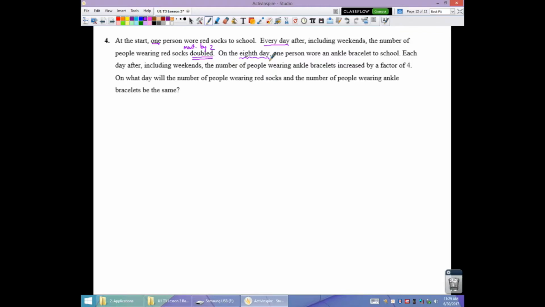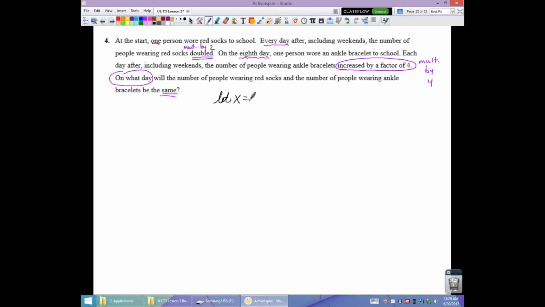Each day after, the number of people wearing ankle bracelets increases by a factor of 4. So that means multiplies by 4. On what day will the number of people wearing red socks and the number of people wearing ankle bracelets be the same, or in other words, be equal?